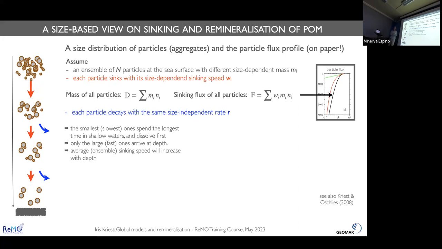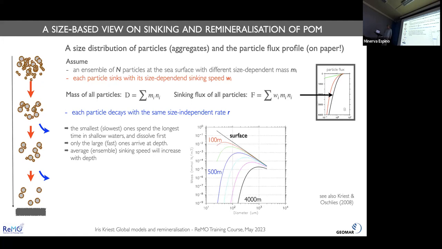And if we were to compute an average sinking speed that is representative for the entire group, we immediately see that the average sinking speed, not the individual one, will increase with depth. In particular, if we start from a size distribution at the sea surface that looks like this. So this is the diameter of particles on the log scale, and this is their mass on the log scale.